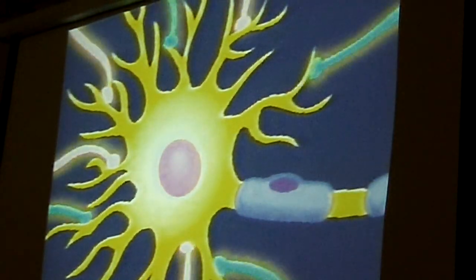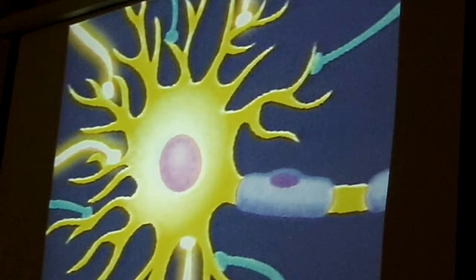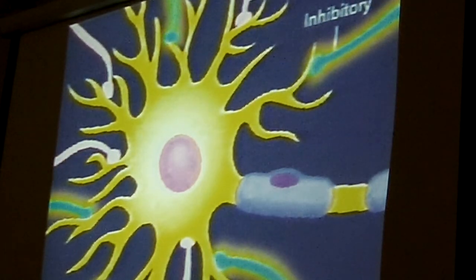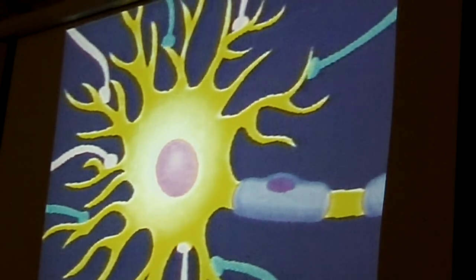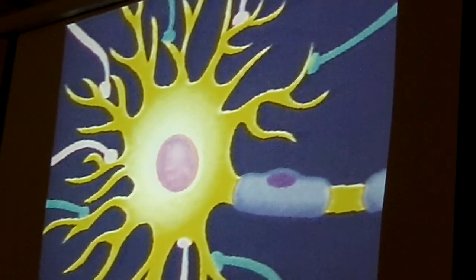Axons from several neurons can make contact with one postsynaptic cell. These synapses can be either excitatory or inhibitory. The postsynaptic cell integrates incoming signals from several cells in the following way.